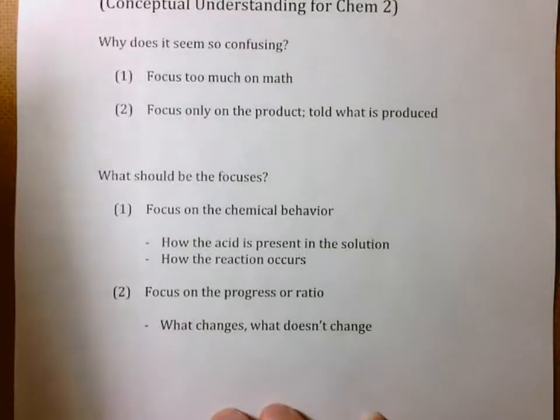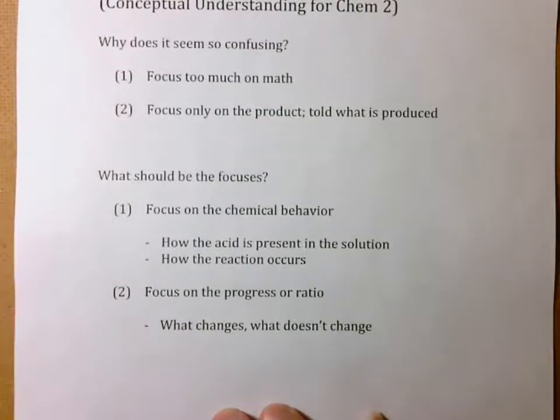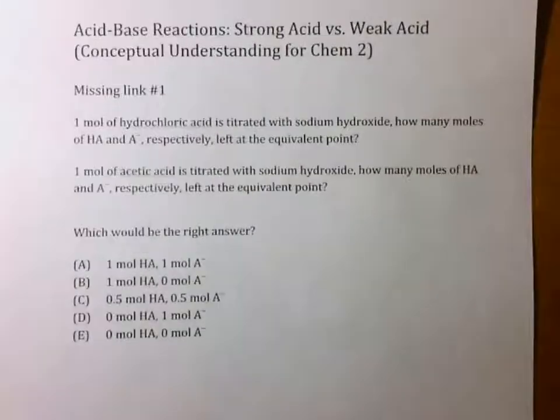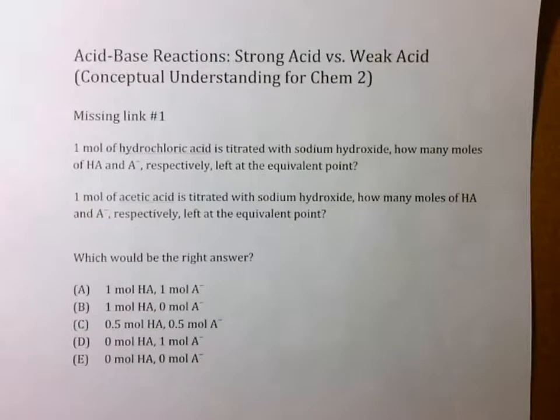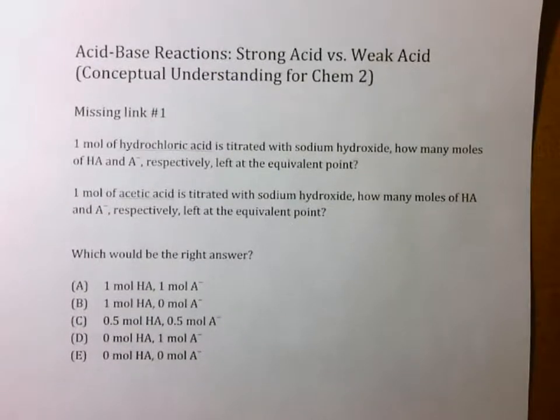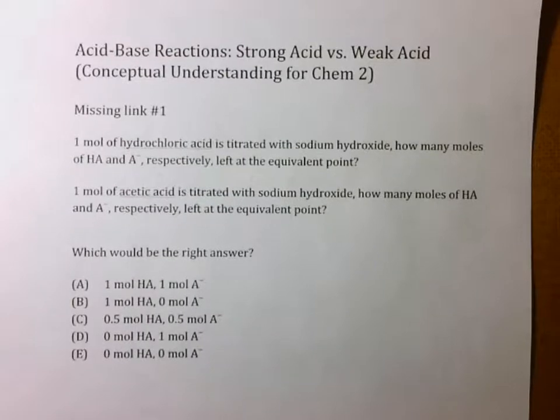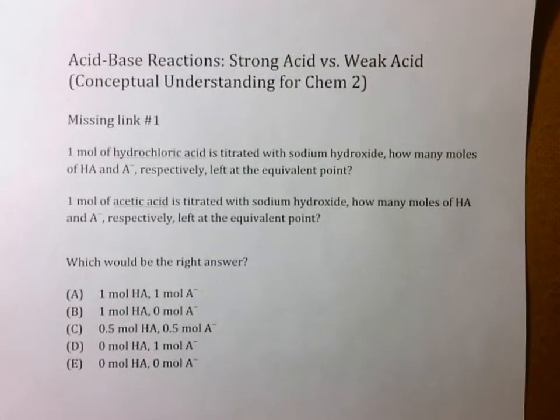But the main thing is, how do you construct a titration graph if you don't know the rest of the points? So to know the titration graph really well, we are going to look at the first missing link. If I have this question, it's still an identical question.